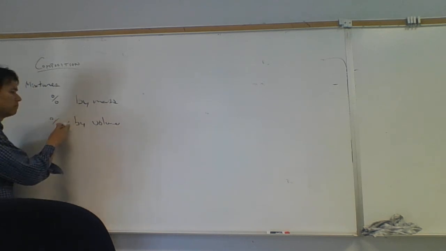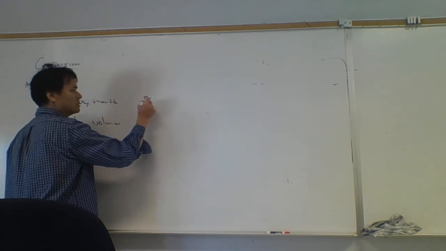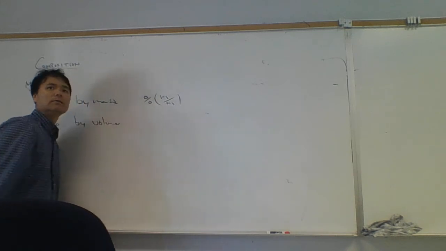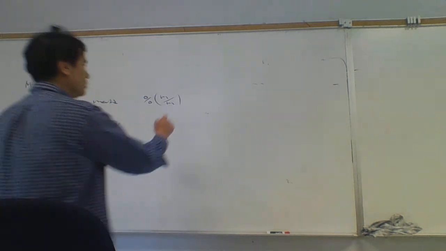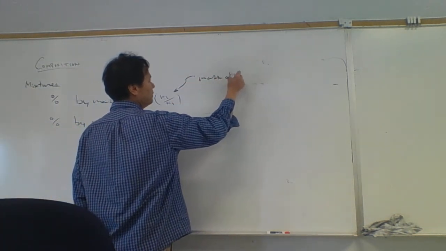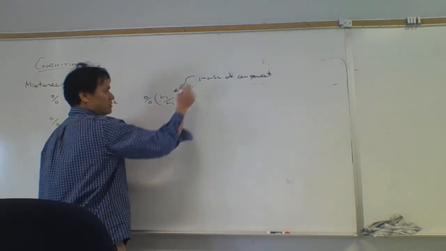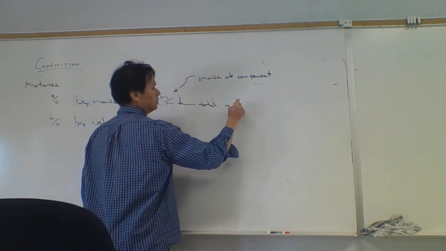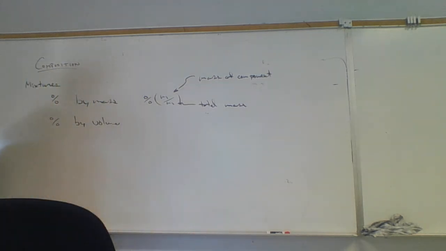And so we have percent by mass, and we have percent by volume. Sometimes to differentiate these, we use this symbol, M over M, or W over W. M over M just means mass of component A, this might be chlorine, over total mass, which would be the mass of the mixture, however many components we have.